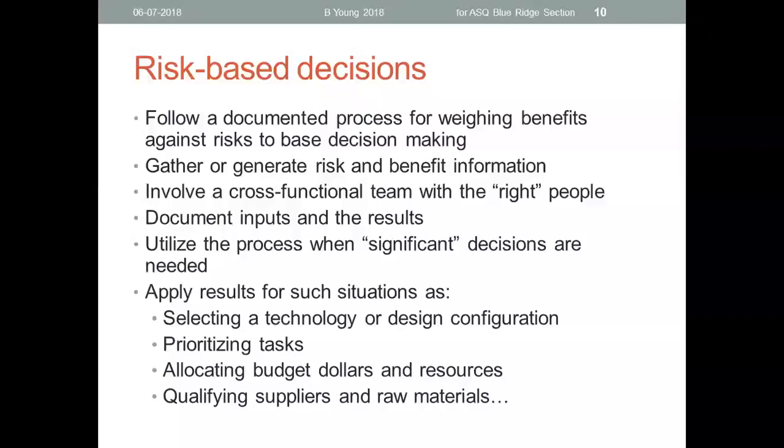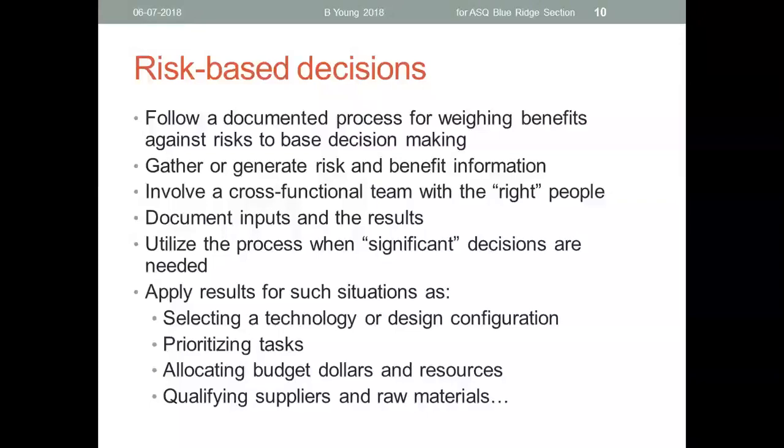Many functions provide better information. This is not a one-man job, and you want to make sure you've got the right representation of functions, the right representation of knowledge in making these decisions. You want to document your inputs and the results of your risk-based decision process.